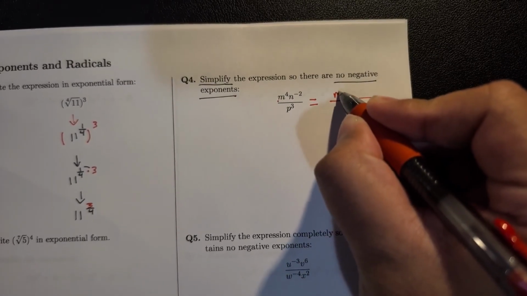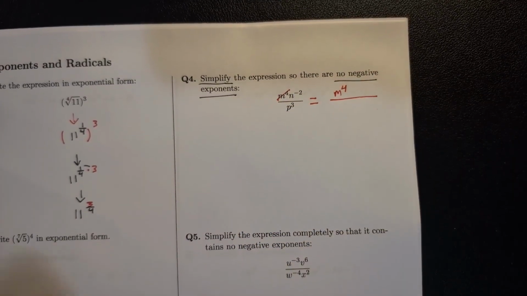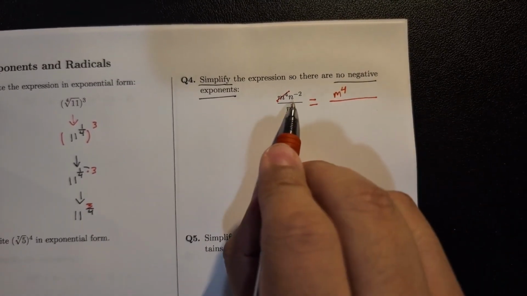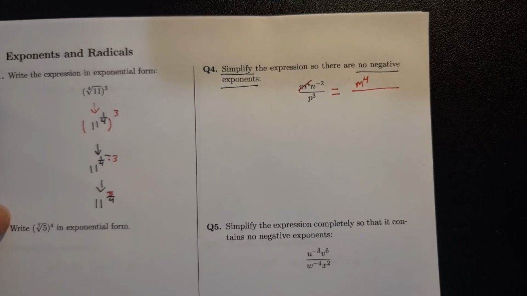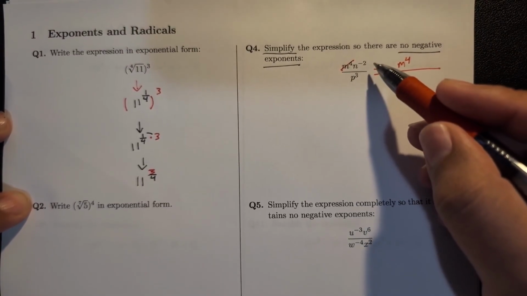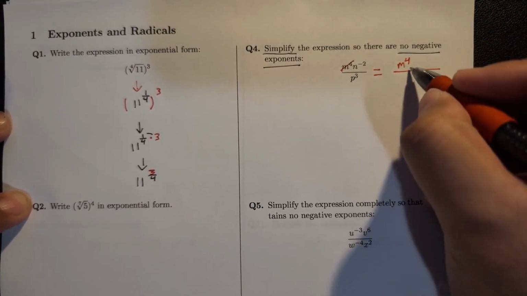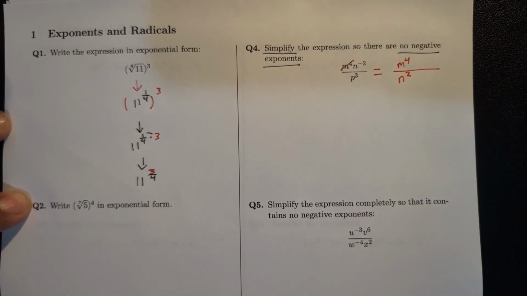So this stays as m to the fourth. Let's cross it off so we know we did that one. Now we're going to do n to the negative 2. That one has a negative exponent, so we need to move it. It goes to the bottom, and when I move it, it becomes a positive exponent.